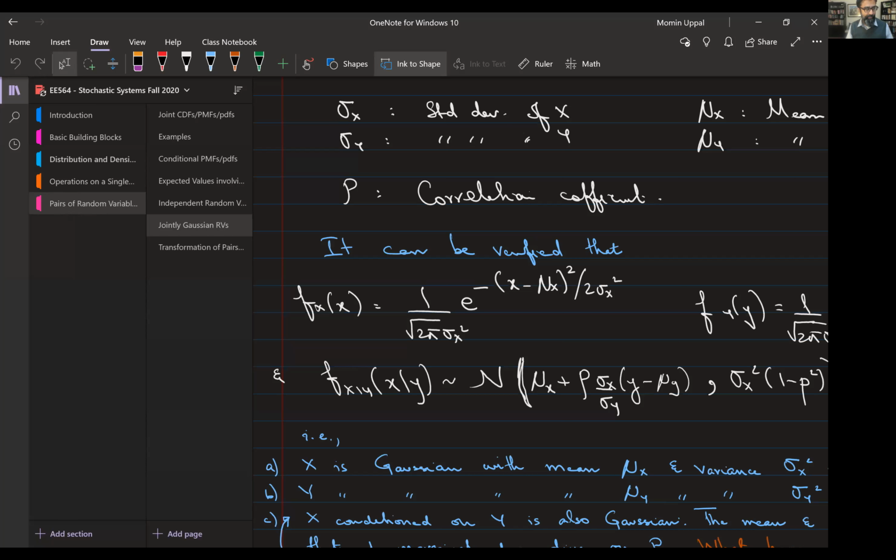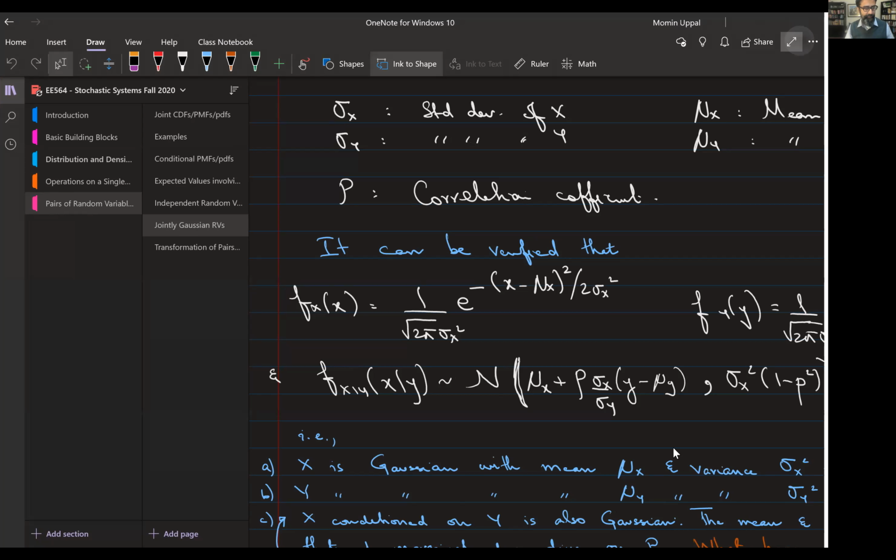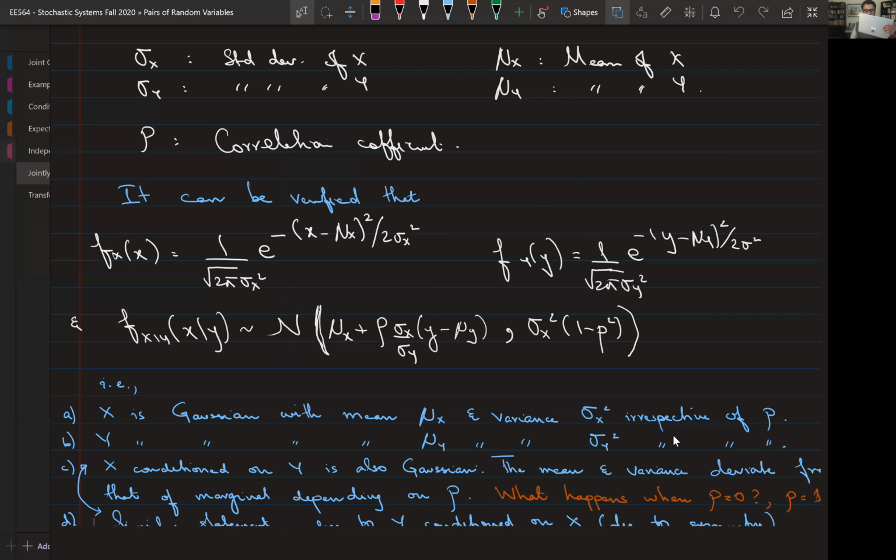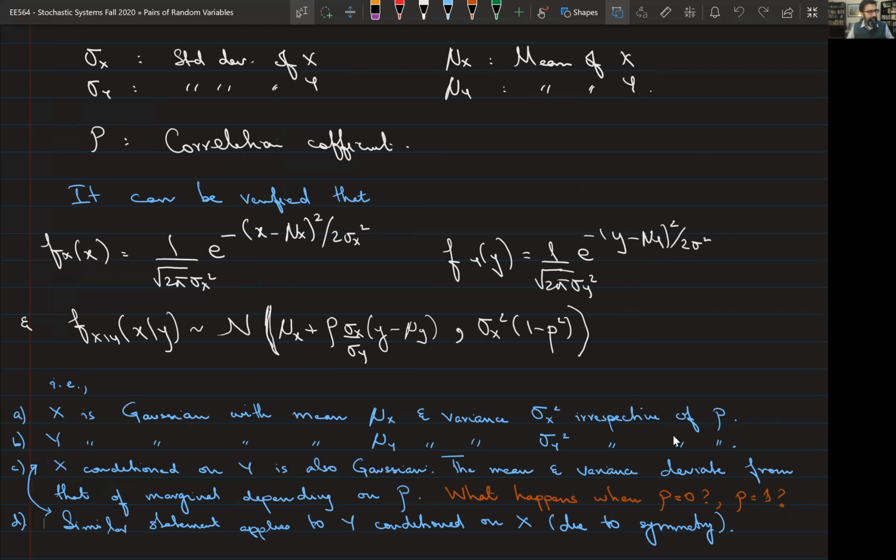All right. So this is where we were. These are joint Gaussian probability density functions.